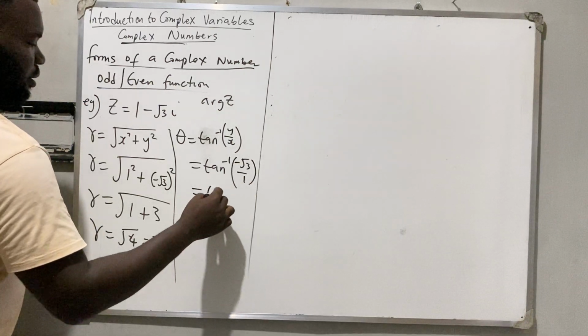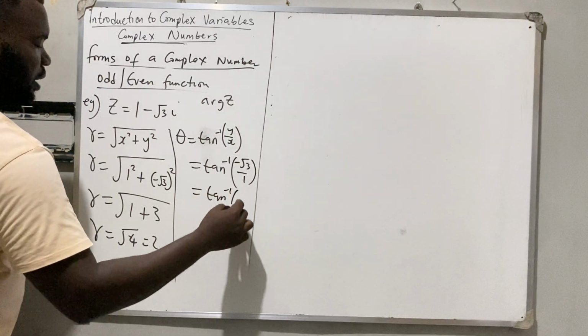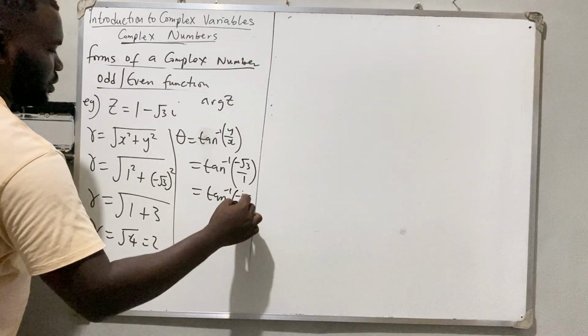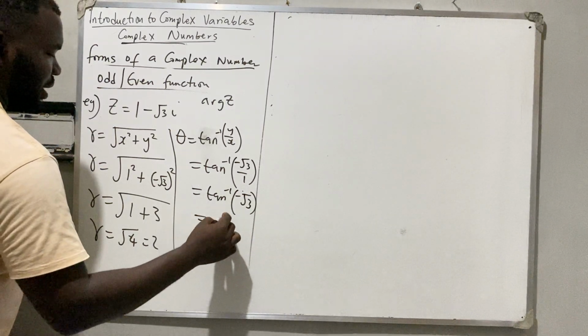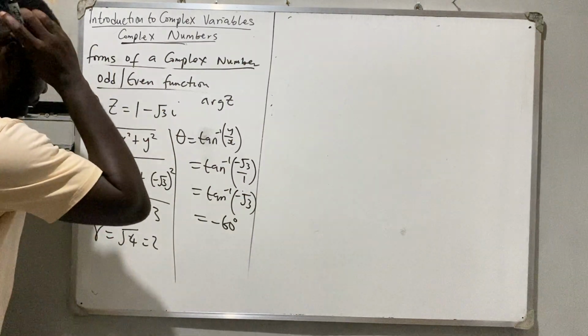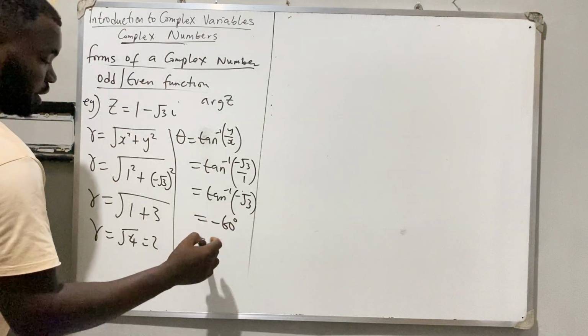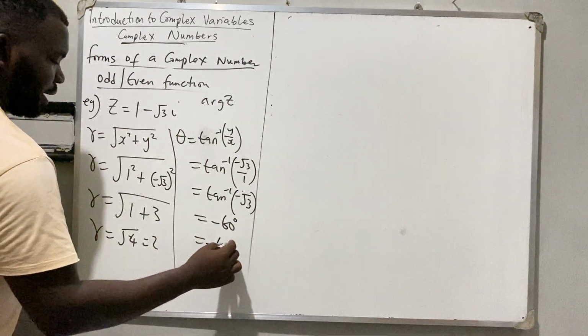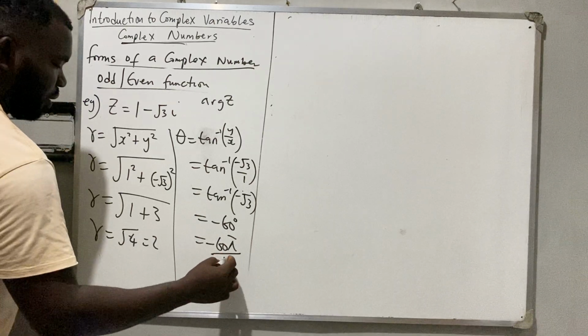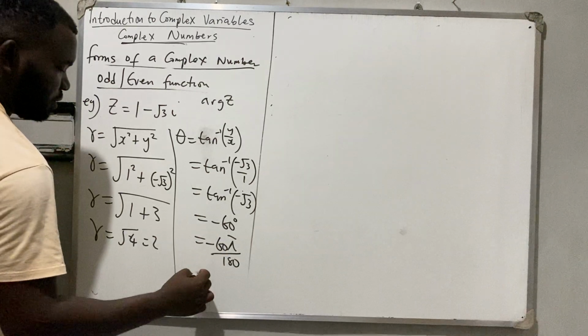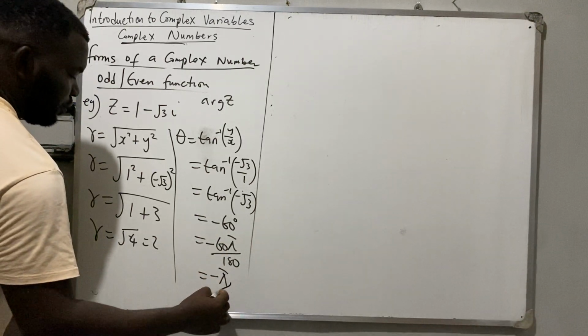My tan inverse of minus root 3 is minus 60 degrees. Remember, we are not using degrees but radians. So attach pi to it and divide by 180, reduce to the lowest to have minus pi over 3.